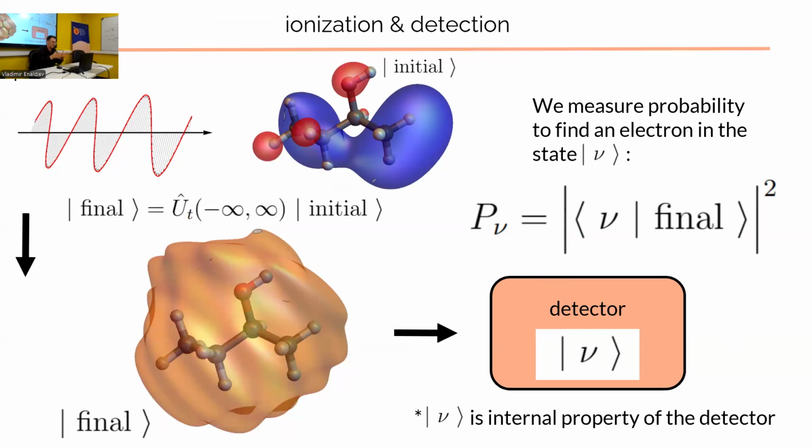This state is associated with the detector. So the probability is the squared projection. Note that we don't have electrons as particles at infinity. We have some detector, some state associated with this detector, and this final state.